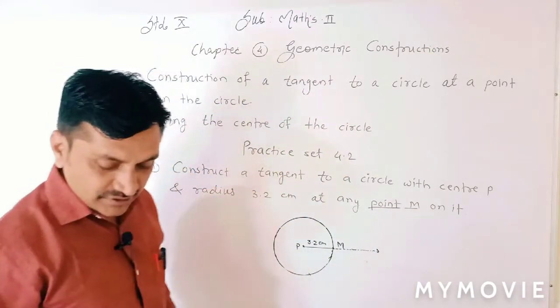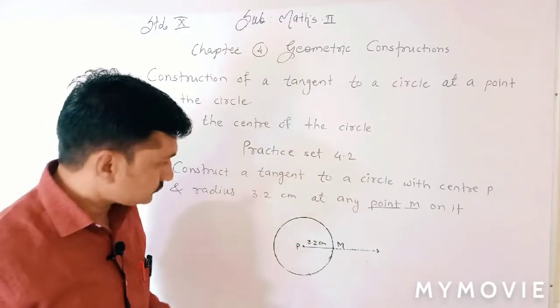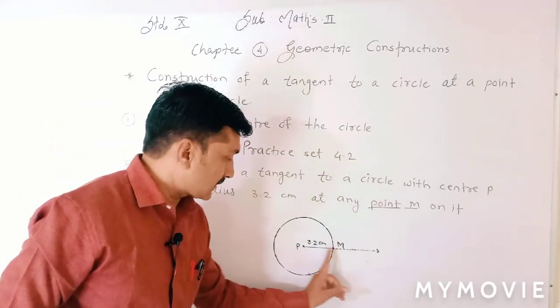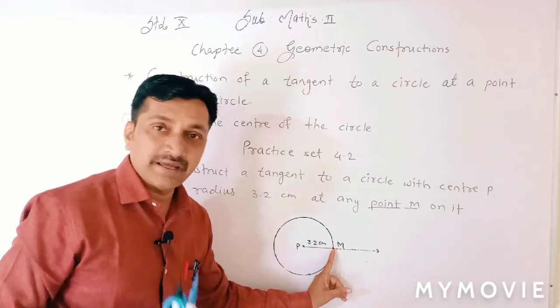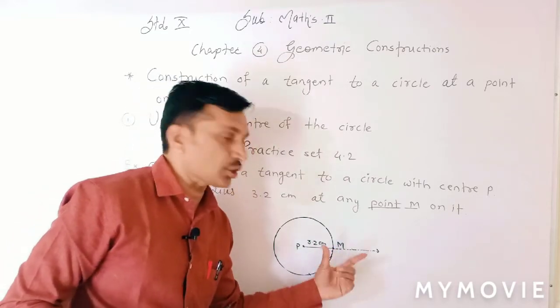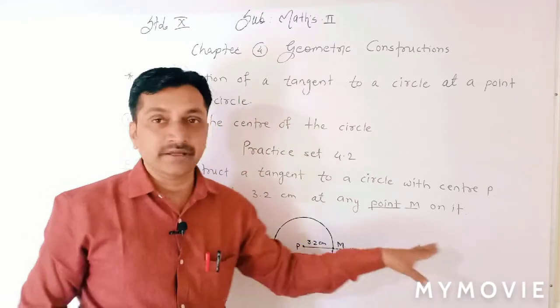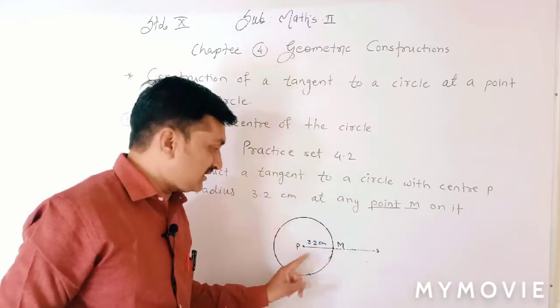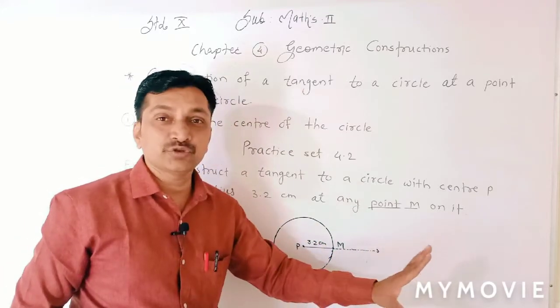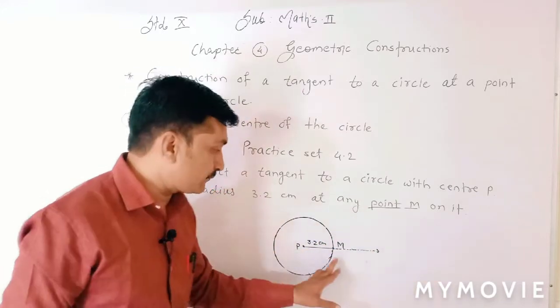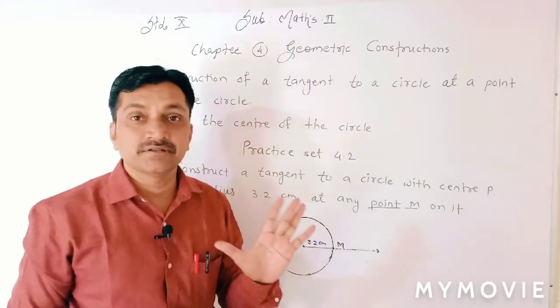Now here is M, here is P. From point M we want a fixed distance on right and left, because PM is a ray. From M to P the fixed distance is 3.2, but from M to the right side there is no fixed distance, that is a ray. Therefore from point M we want a fixed distance.